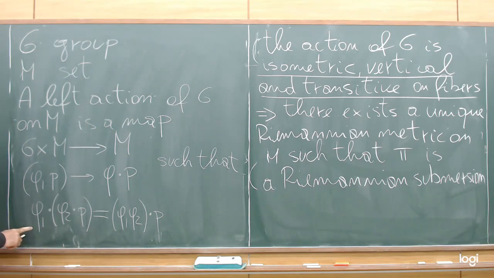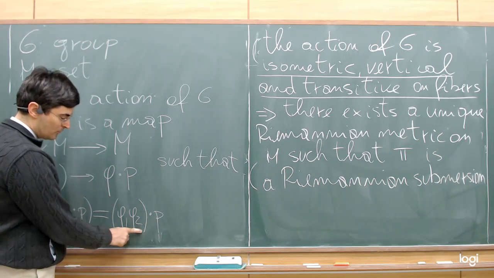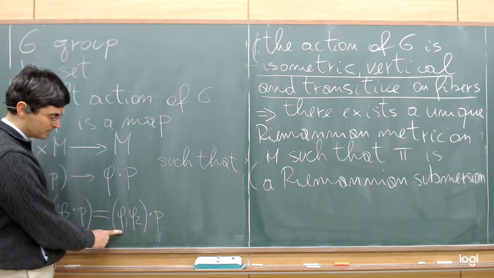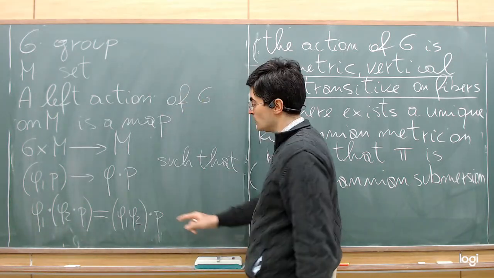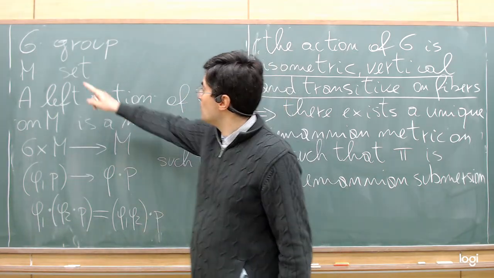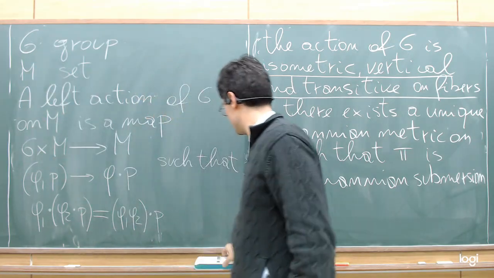Here phi 1 and phi 2 are elements of G. So phi 1 composed with phi 2 is the result of the composition of phi 1 with phi 2 using the multiplication, the operation that you have on G.